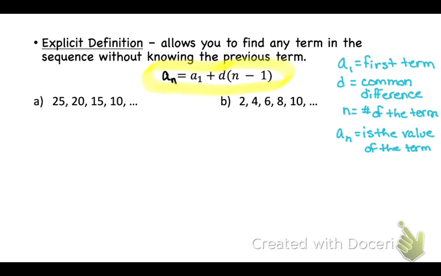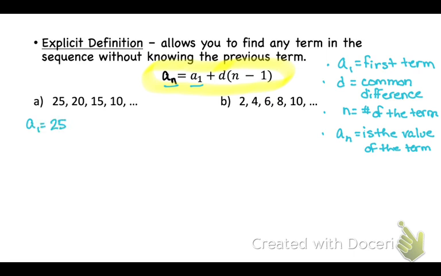Okay, so we're going to go through here. And we are going to write an explicit definition for what we have. So we're going to start by writing all this stuff that we know. Okay? So A sub N we're not going to know because we're writing an equation, correct? A sub 1, so what is A sub 1? 25, the first term.